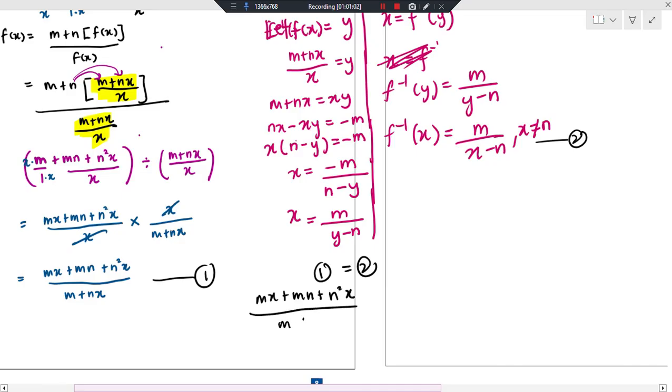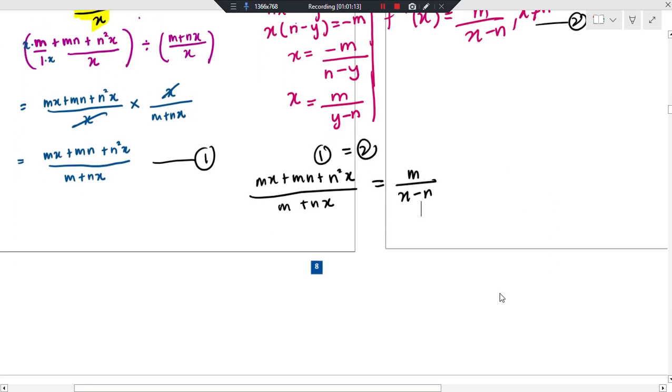Woi, betul kah soalan ni? Okay, kejap. It's getting complex and even more complex.